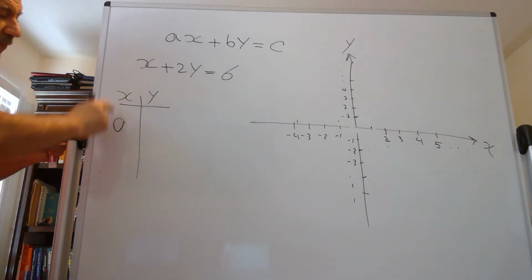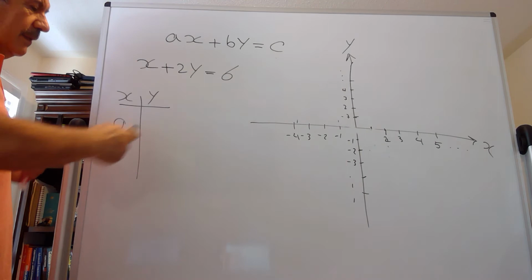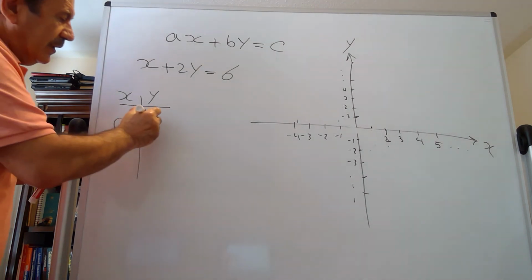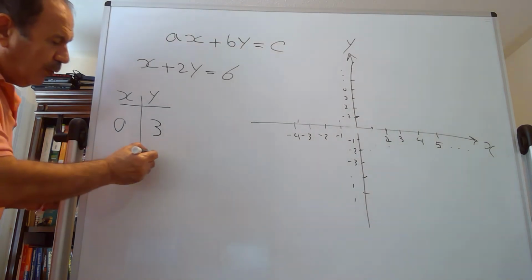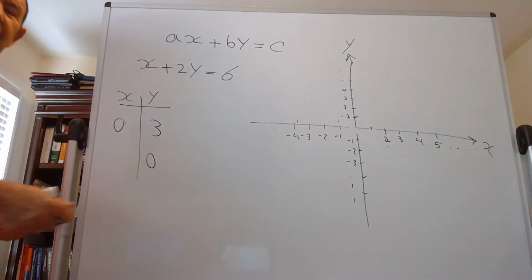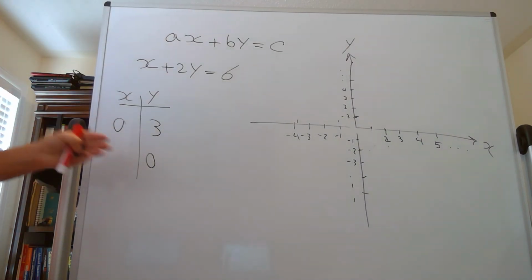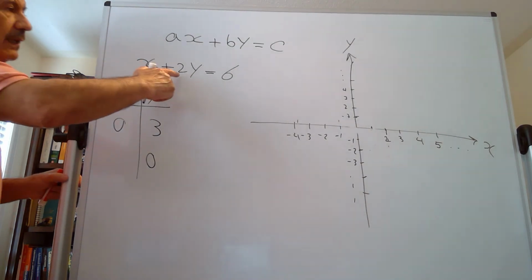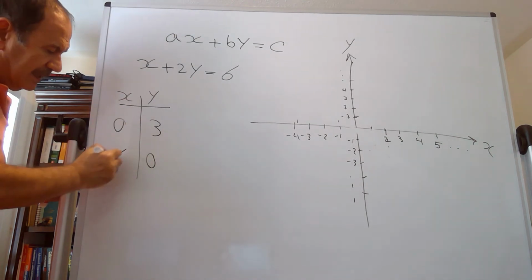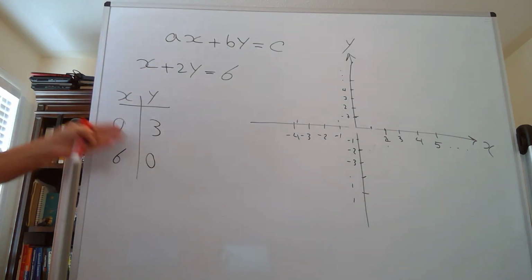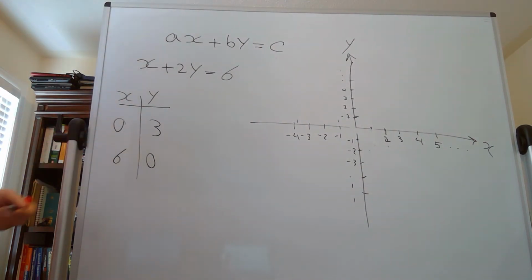If I pick 0 for x, then 2y is going to be 6 and y is 3. If I pick 0 for y, then 2 times 0 is 0 and eliminated, x is going to be 6. Can you see how picking 0 makes it easy to calculate the other one?